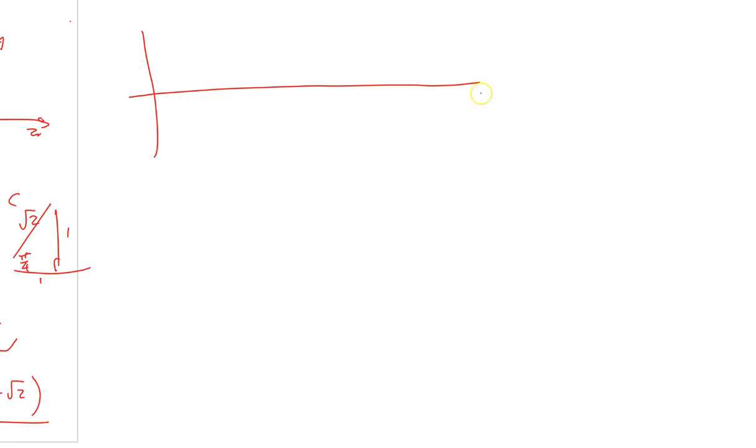So x, y. Now it's obviously 0. Let's make this 2 pi here. Let's say it's pi here. This is going to be my pi over 2, pi over 4. Sorry, 3 pi over 4. Pi over 4.